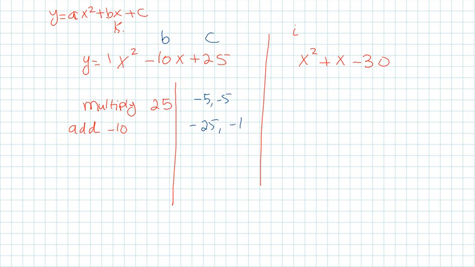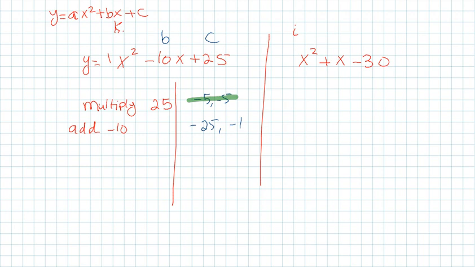So it's always an option. Now, these are the only factors of 25. There's nothing else that multiplies to 25. So out of these two options, which option adds to negative 10? The first option. And that's why these are my factors, because negative 5 plus negative 5 gives me negative 10.